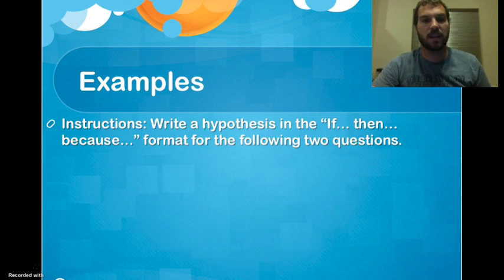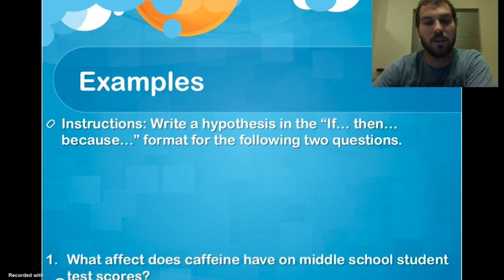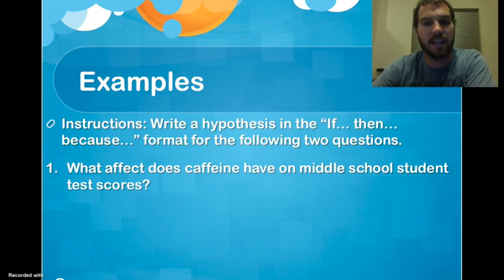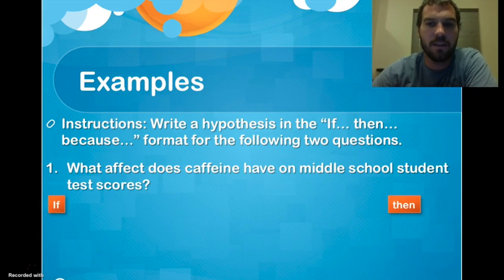So we're going to use a couple examples that we used earlier. We're going to write a hypothesis in the if, then, because format for the following 2 questions. What effect does caffeine have on middle school student test scores? So think about it. What could be the hypothesis? If, then, because. Okay?